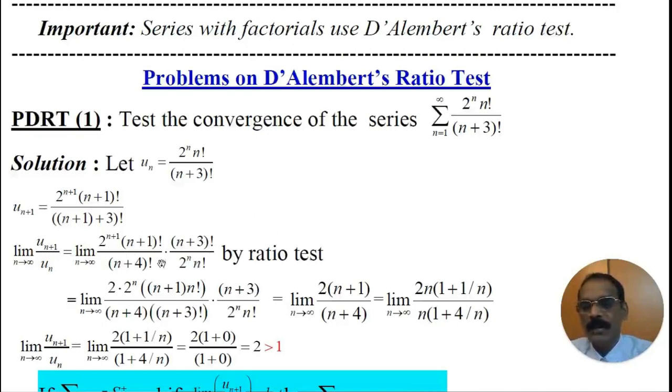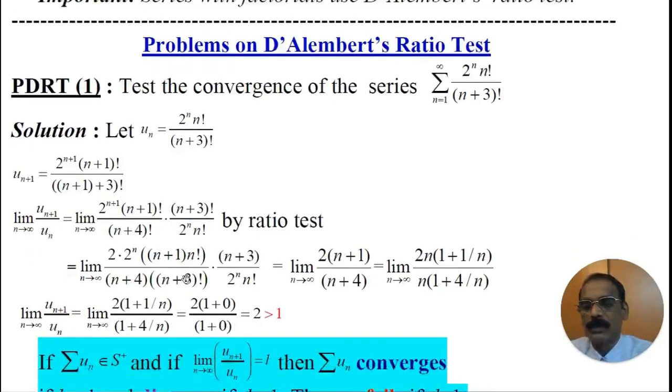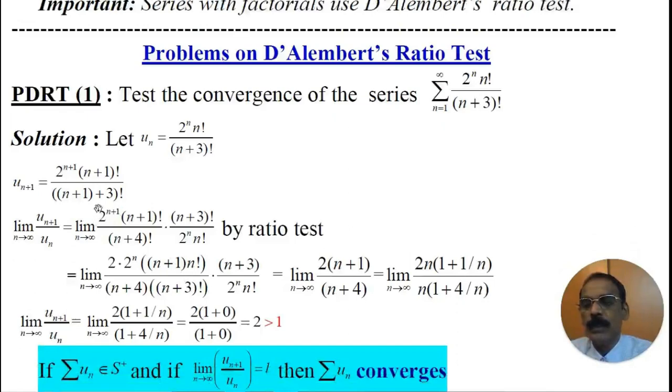So, this is un plus 1 by un. That is equal to, we can write 2 to the power n plus 1 as 2 into 2 to the power n, and n plus 1 factorial can be written as n plus 1 into n factorial, divided by n plus 4 factorial, which can be written as n plus 4 into n plus 3 factorial, into n plus 3 factorial divided by 2 to the power n into n factorial.